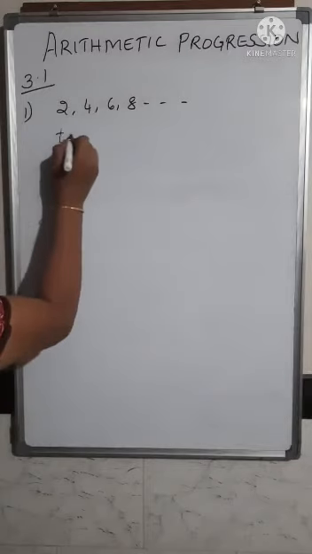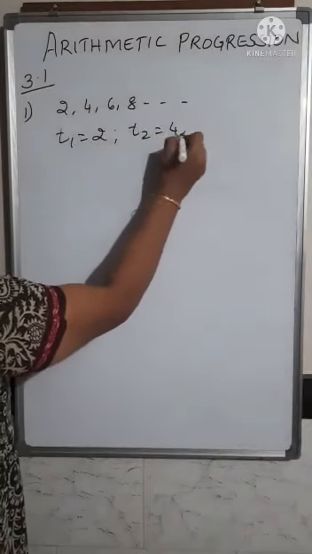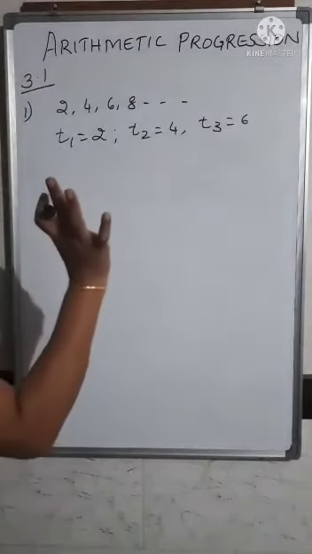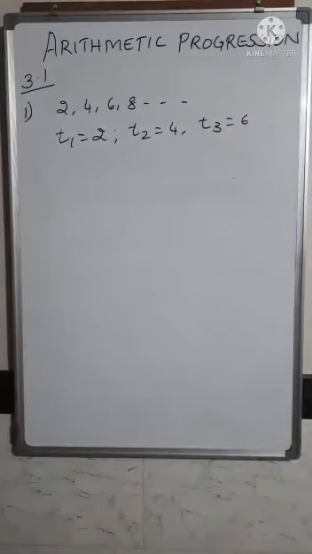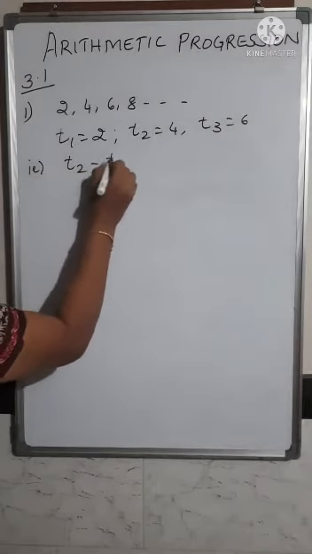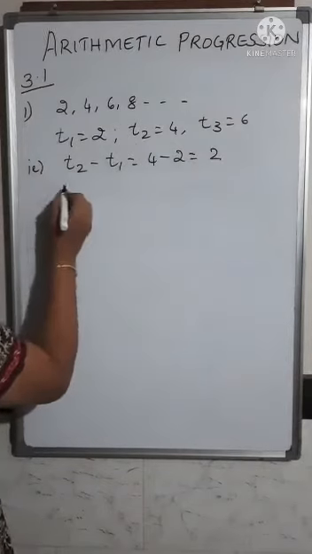So here you have T1 as 2, T2 is equal to 4, T3 is equal to 6. If you just write 2 or 3, that is enough. Now next you have to find out the common difference. That is T2 minus T1 is equal to 4 minus 2, which is equal to 2.